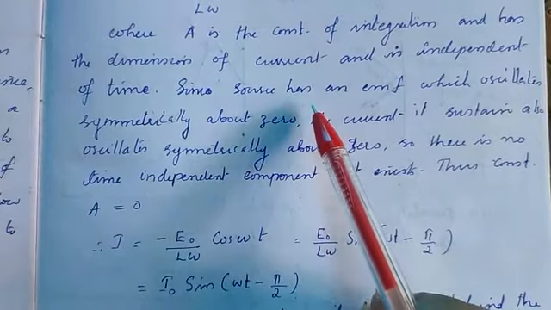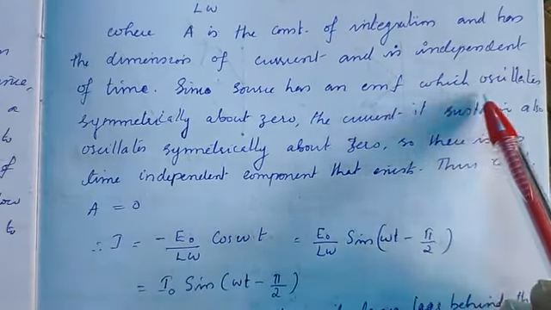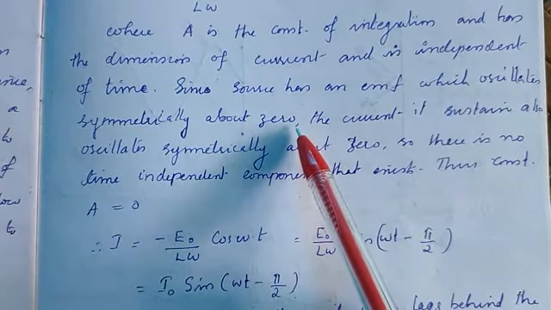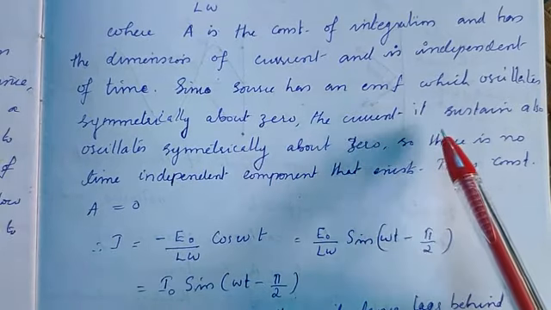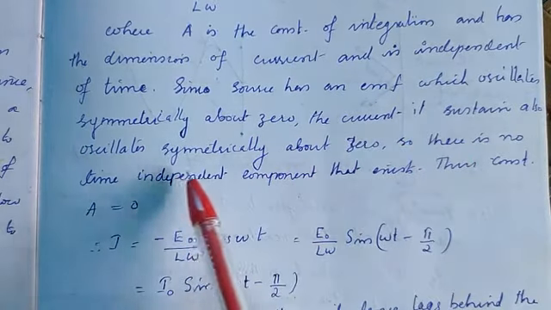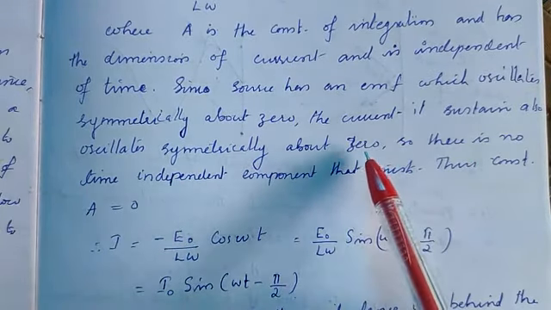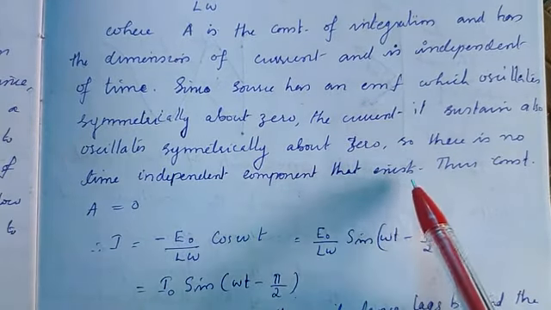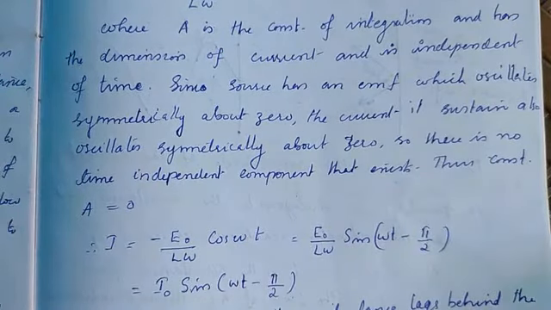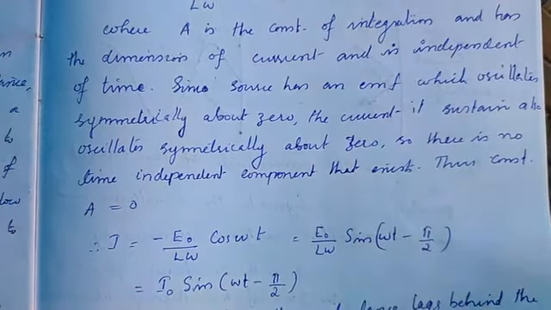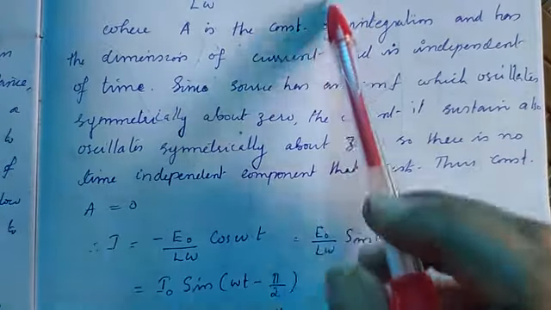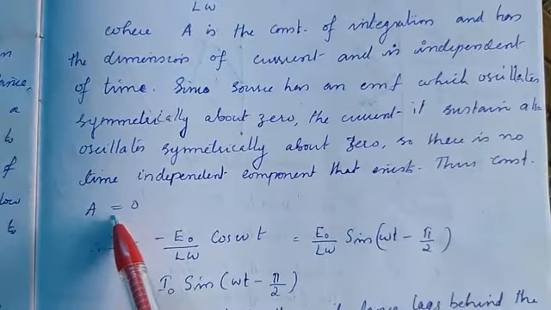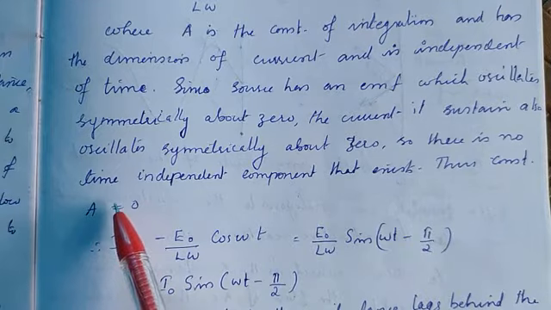Since the source has an EMF which oscillates symmetrically about 0, the current it sustains also oscillates symmetrically about 0. So there is no time dependent component that exists. This constant is equal to 0. So we can write the constant of integration as 0.